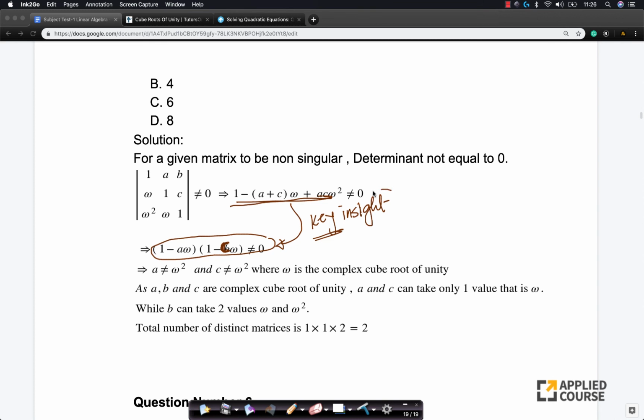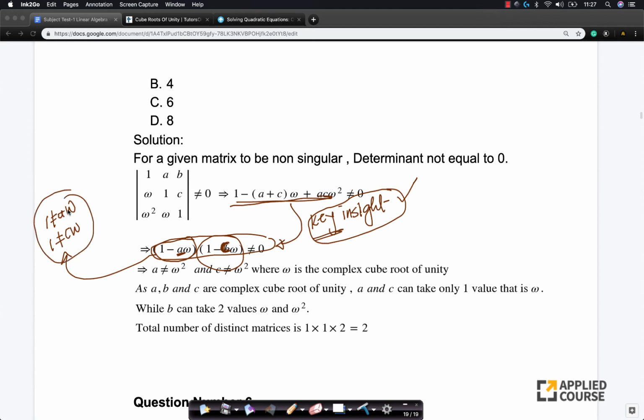I would argue that this is the key insight. When we are able to represent this in terms of this, it is very important to understand why we are trying to represent this problem in this form. The reason is all because of trying to find what values are valid. The moment I have this, I can write 1 is not equal to A omega, because otherwise this expression will become 0, and 1 is not equal to C omega.